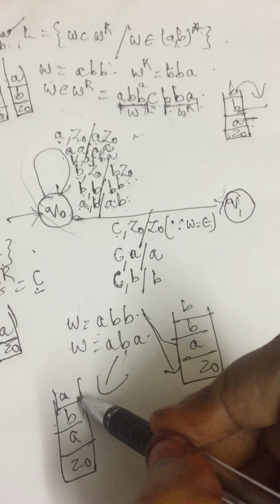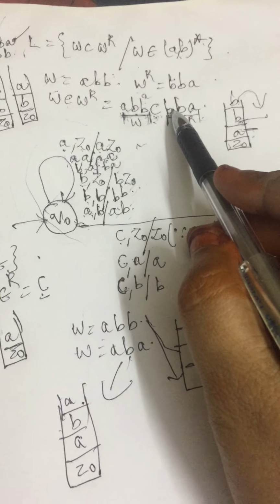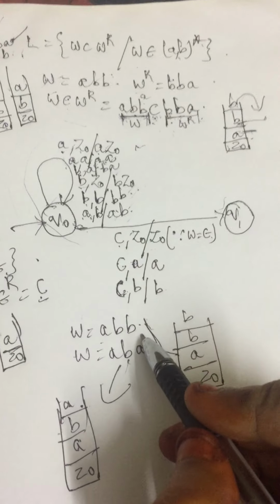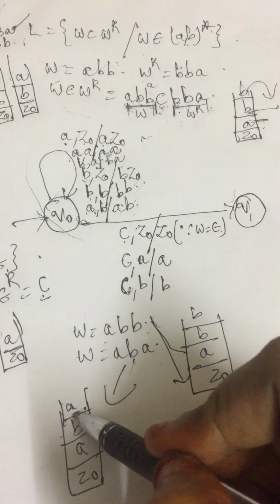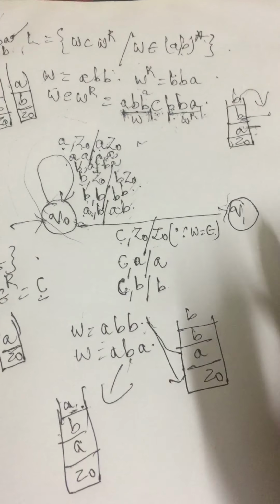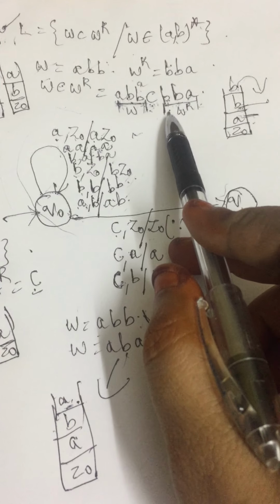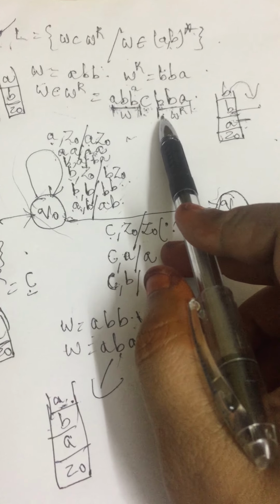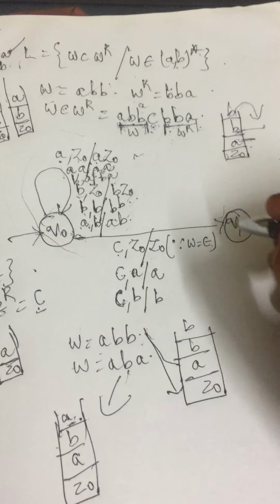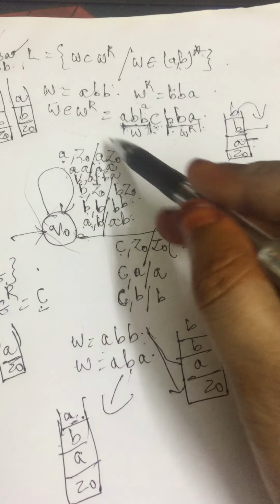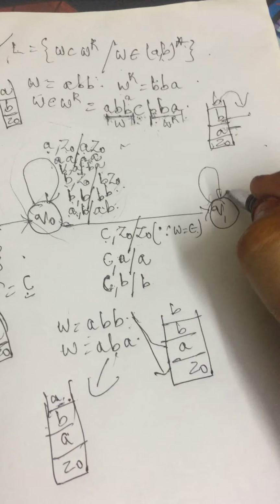If we observe here, in the WR part, the first input alphabet will be equal to the top of the stack element. Whatever is present in WR, the first input alphabet is equal to the top of the stack. So here we don't get that many cases in the WR part, just two scenarios.